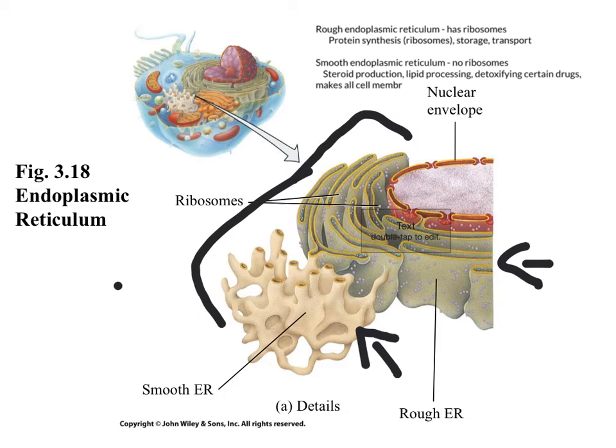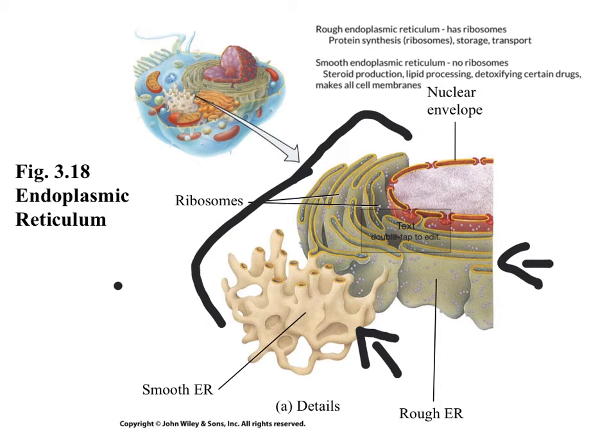So when we talk about the phospholipid bilayer, the phospholipid bilayer is coming from the smooth endoplasmic reticulum. That smooth endoplasmic reticulum is producing the phospholipid bilayer and putting it out there into the membrane. It's also capable of detoxifying certain drugs, steroid production, etc.